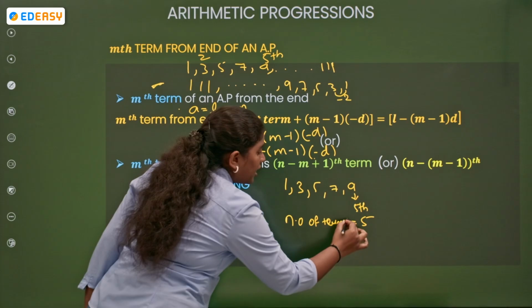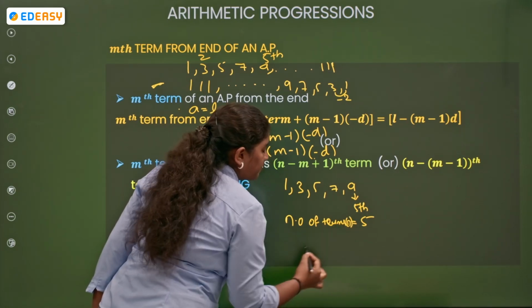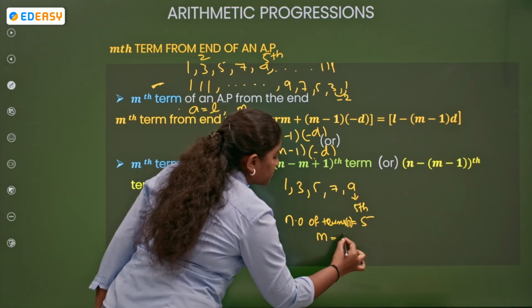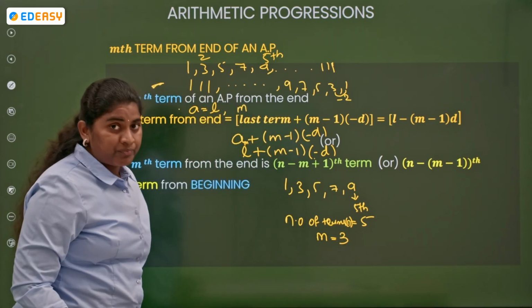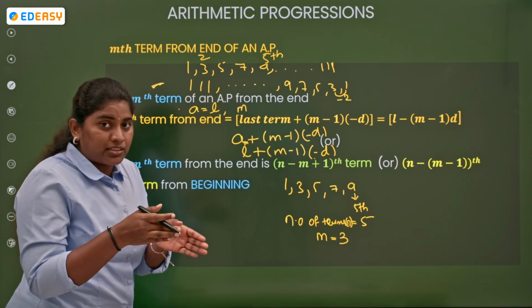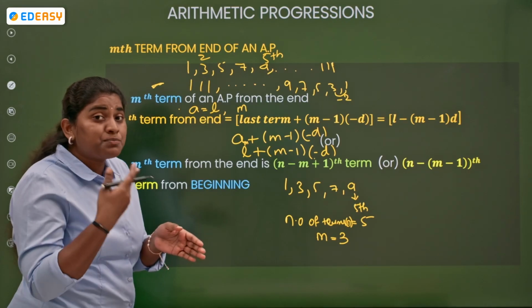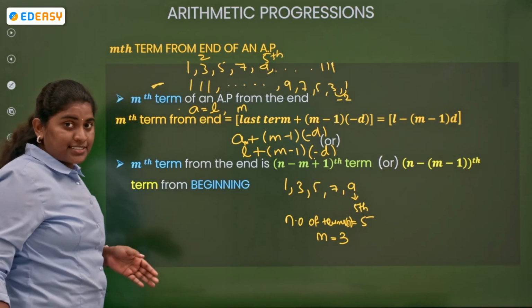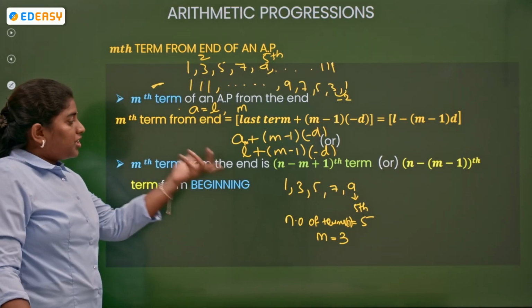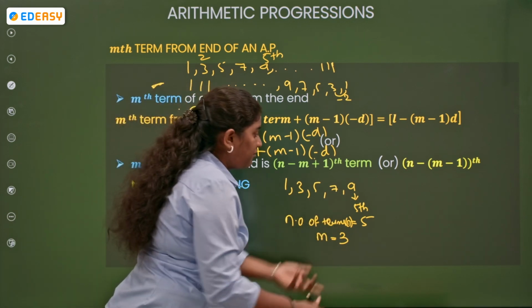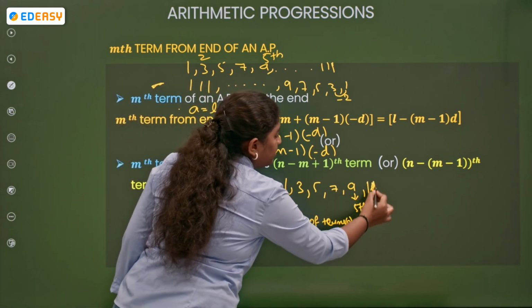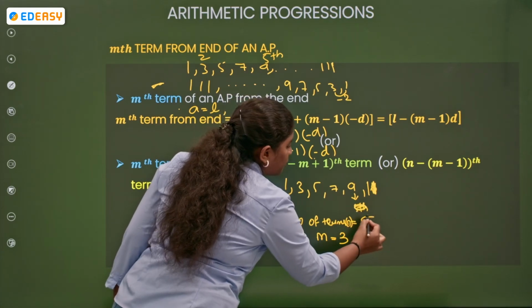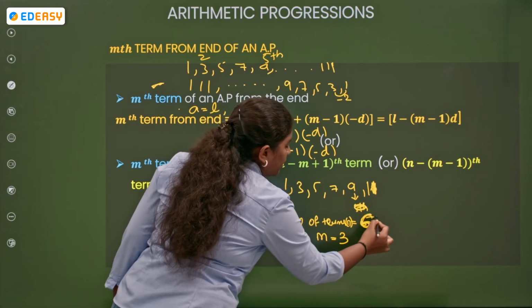So the number of terms I am taking as n, and I need to find the third term, so the m value will be 3. From the beginning, what will its position be? If you are getting confused because of 5, you can take 6 also. So here I am taking 11, and my total number of terms is 6.